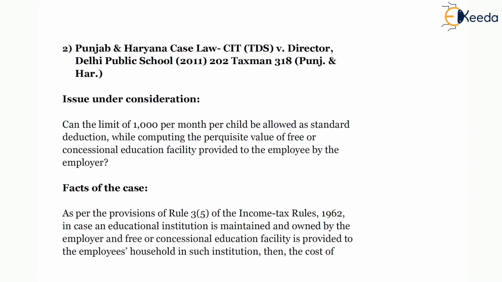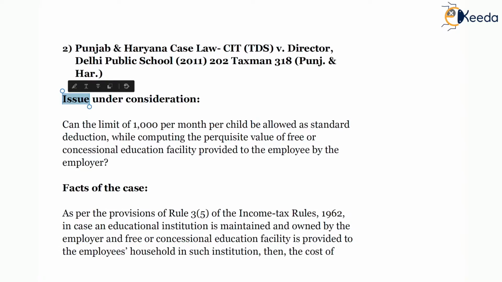So whether this limit of 1000 per month per child will be allowed as a standard deduction while computing the perquisite value, wherein the benefit of educational facility exceeds 1000 per month for a child, is the issue under consideration.